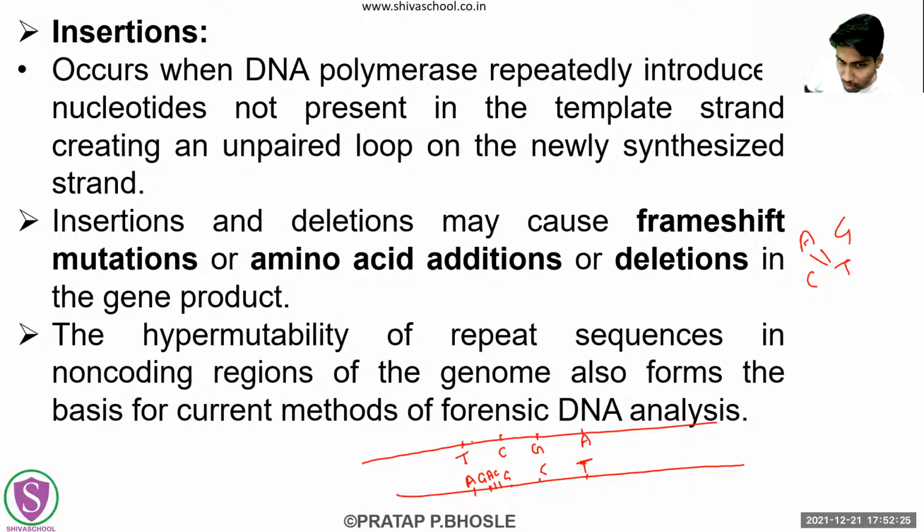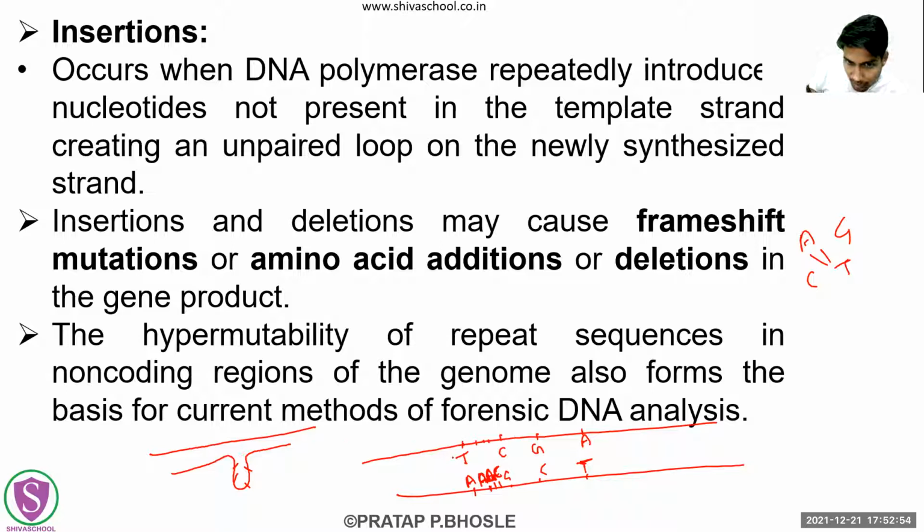There will be no complementary bases here. Consider this is AGC. Most of these nucleotides will not be complemented with this. So whatever part of the nucleotides is not complementary will now form this loop here.